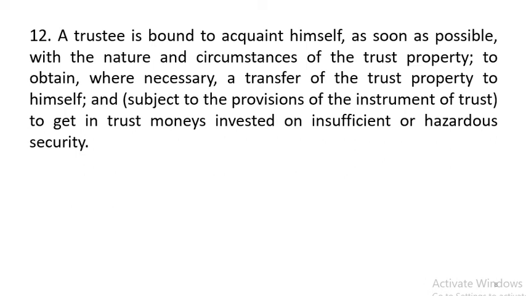The trustee is bound to acquaint himself as soon as possible with the nature and circumstances of the trust property, to obtain, where necessary, a transfer of the property to himself, subject to the provisions of the instrument of trust, and to get trust money invested on insufficient or hazardous security.